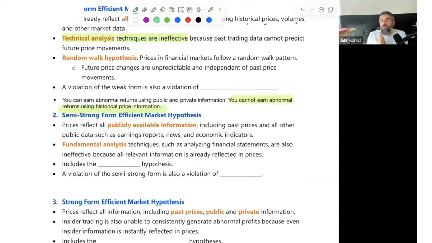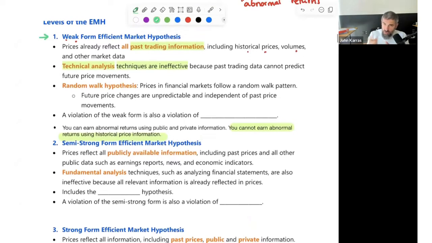Public information refers to any information that is publicly available. So this includes the historical information, but it goes beyond that. Okay. It includes the historical and price information from level one. But on top of that, it includes anything new.